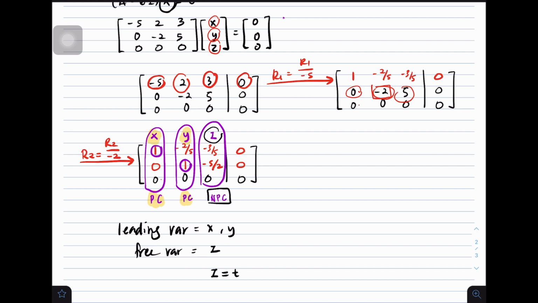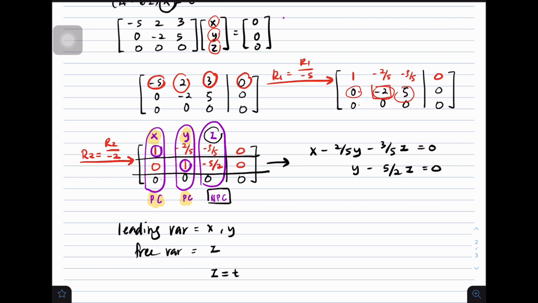Now from this row echelon form matrix, you need to transform it into equations. For the first row, what you will have here is X minus 2 over 5 Y minus 3 over 5 Z equal to 0. For the second row, you will have Y minus 5 over 2 Z equal to 0.